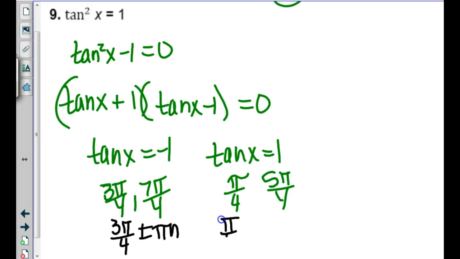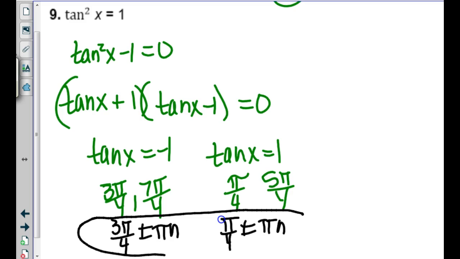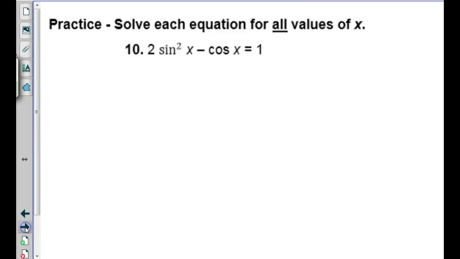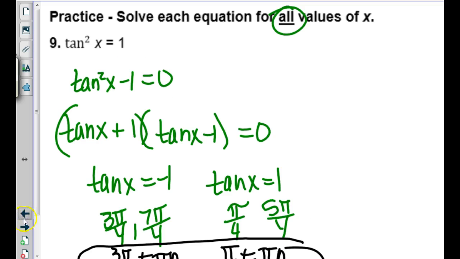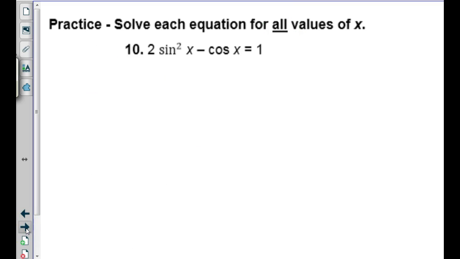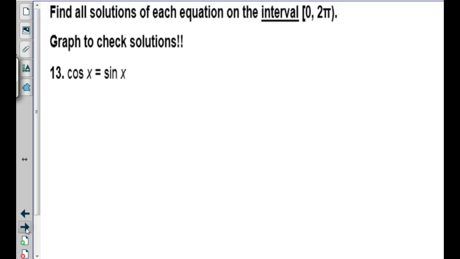And this one and straight across from it, you would hit all of them. If you put plus or minus pi in and listed all 4 of them, I wouldn't count it wrong. Pi over 2n, it would work, yes, because it's every 90. Yep, as long as it makes sense.